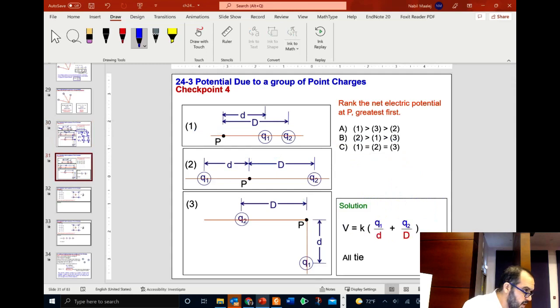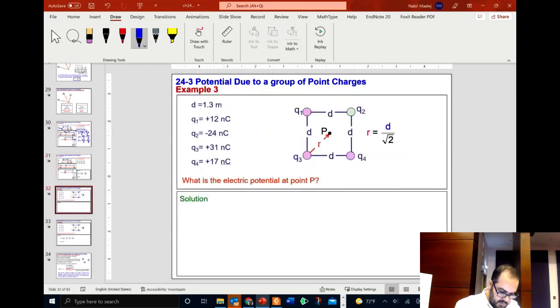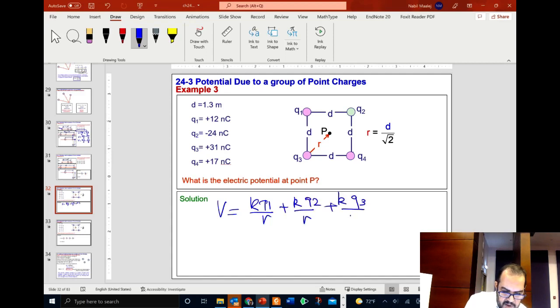Clear? Let's finish with this example. I have 1 minute. Here you have a point P at the middle of a square, and you have 4 charges, Q1, Q2, Q3, Q4, and you're asked what is the electric potential at point P. I can just write KQ1 divided by R plus KQ2 divided by R plus KQ3 divided by R plus KQ4 divided by R. Except you have to be careful: Q1 is positive, Q2 is negative, so you have to account for those.